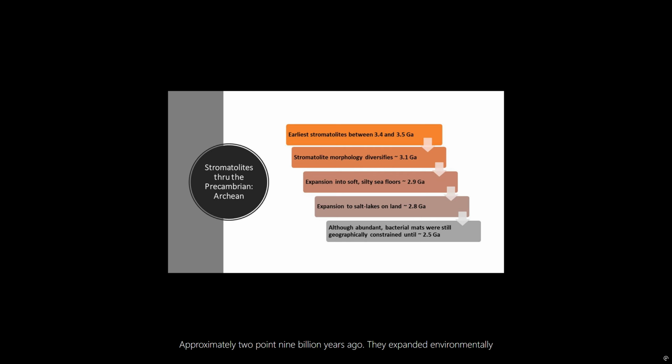Approximately 2.9 billion years ago, they expanded environmentally into soft, silty seafloors, followed by expansion to salt lakes on land 100 million years later. Stromatolites are sometimes referred to as bacterial mats or mounds, and even though they were abundant in the Archean, they were still geographically constrained until about 2.5 billion years ago.